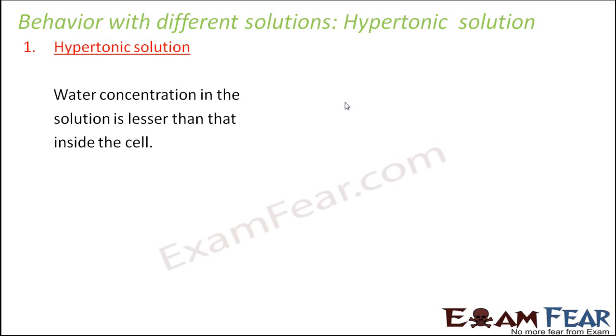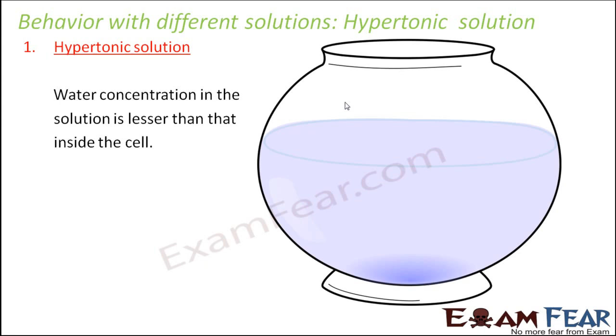So what you do, you take a container, you take a hypertonic solution. Hyper means more. So this solution has water concentration less. That means the solute concentration is more in this solution. And now you put inside this solution the plant cell. So now what is the situation?